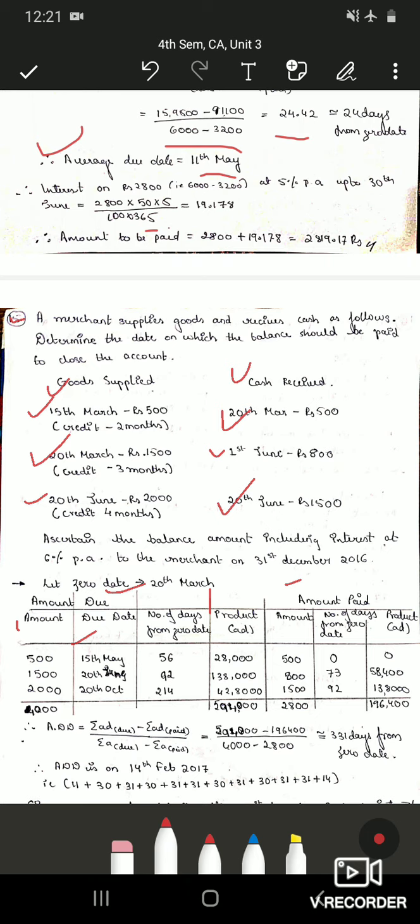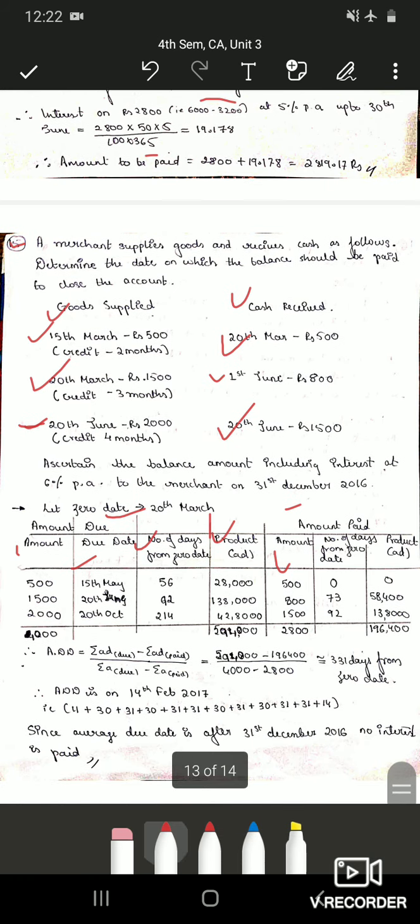For 20th March with 3 months credit, it will be due on 20th June, and the last one will be due on 20th October. Now you have taken 20th March as the 0 date, find the number of days from the 0 date and take the product. Similarly write the amount, number of days and product for cash received, and find the average due date. So approximately 331 days we will get from the 0 date.